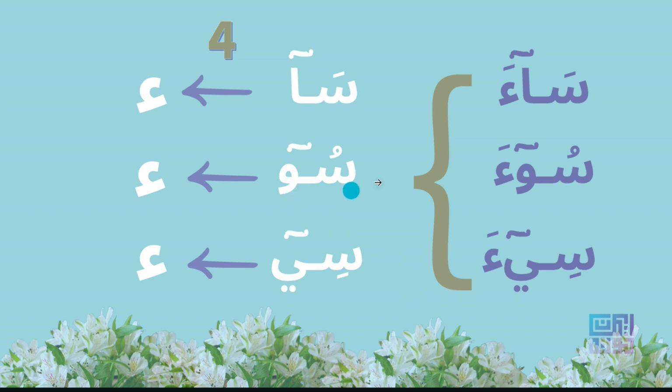So the rule says, if there is harf mad, if there is an elongating letter with a hamza coming after it, then I'm going to extend my pronunciation 4 counts. And the count is not counted with my fingers, it's not counted with seconds, it's just counted with how your teacher is saying it, and you apply it exactly after your teacher.